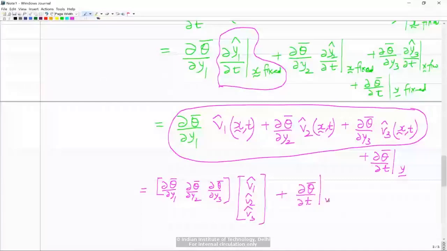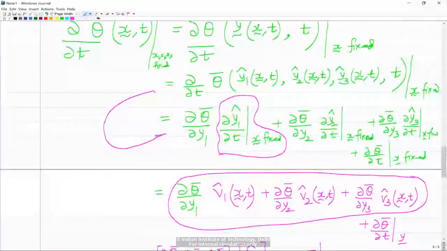Somebody is asking, why is the last one keeping y fixed? Because you see, when you're coming from here to here, when you do the first one, you do it keeping all other arguments fixed, right? That's how you do chain rule. If a function is of several variables and you want to take the derivative, you first take the derivative of the first one keeping others fixed, second one keeping others fixed, third one keeping others fixed, fourth one keeping others fixed.